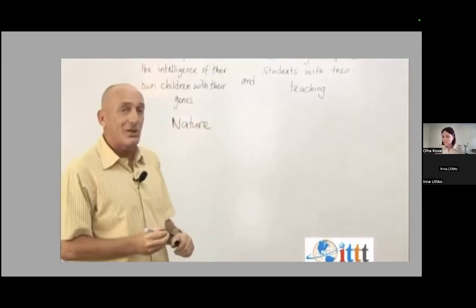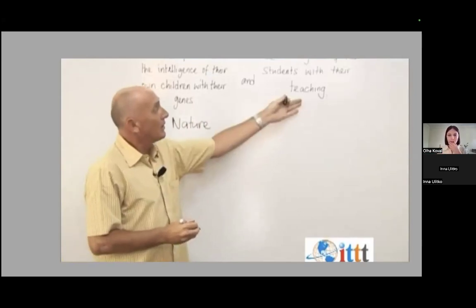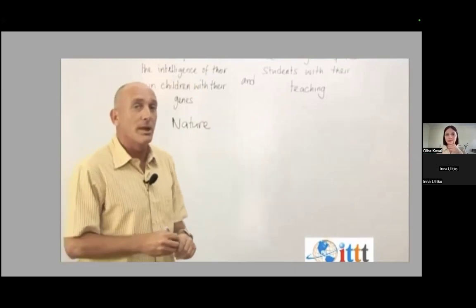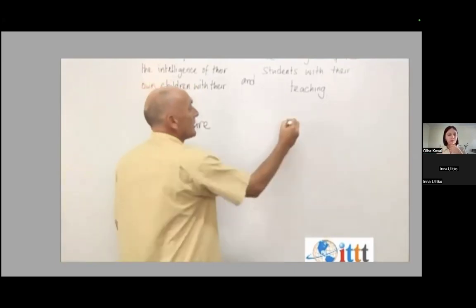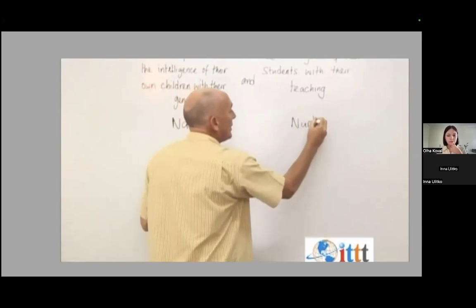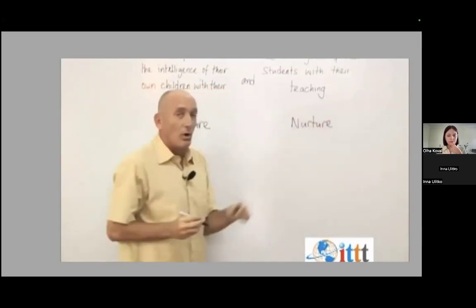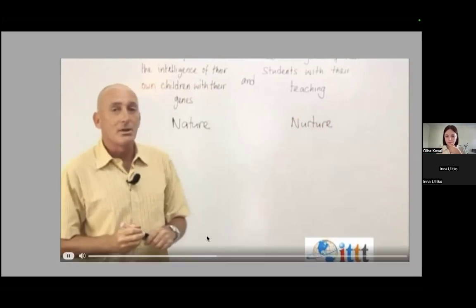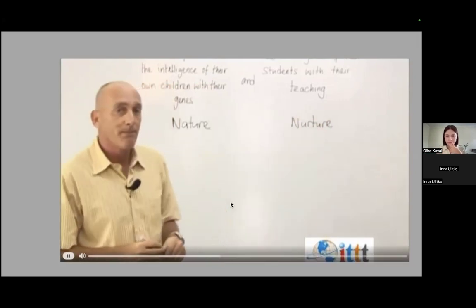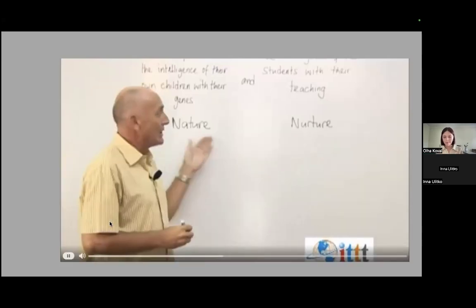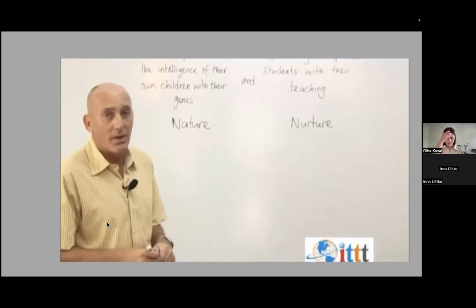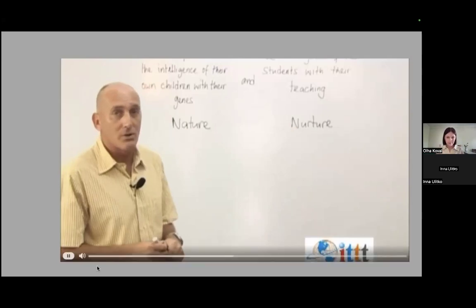So this one could be said to be due to nature. This is exactly the opposite of this one, which is saying that their teaching, the environment that we create, creates that intelligence. So this one can be said to be due to nurture. And this argument, nature versus nurture, has been going on for thousands of years.